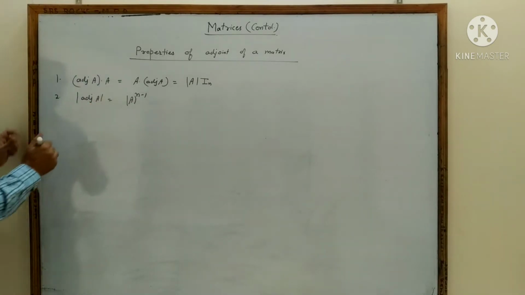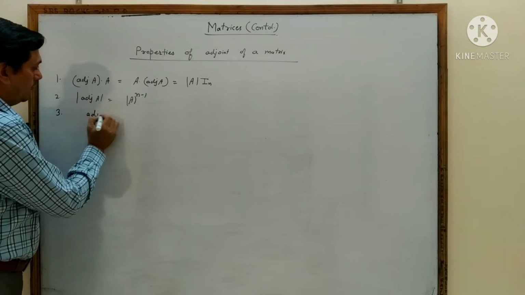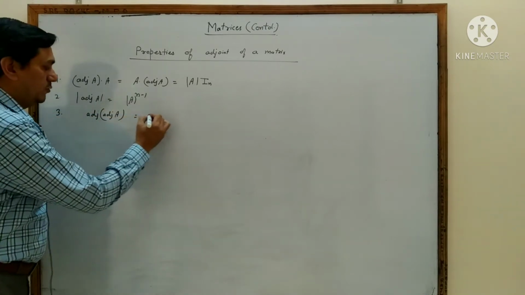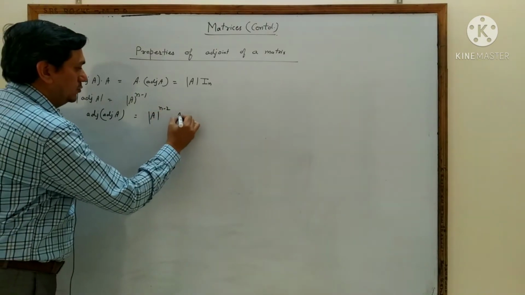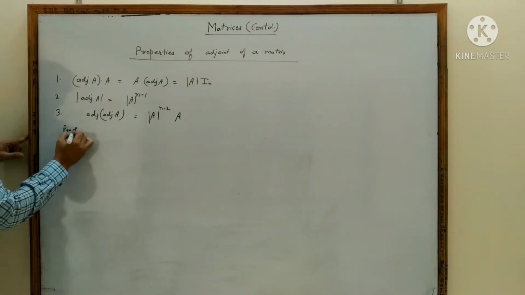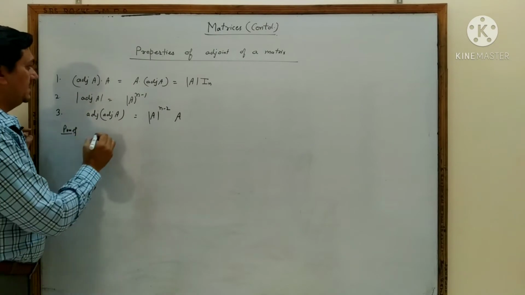Now we proceed with one more property of adjoint: adjoint of adjoint of A is equal to determinant of A raised to the power n minus 2, multiplied by A. We can prove it by the use of the property mentioned at serial number 1.